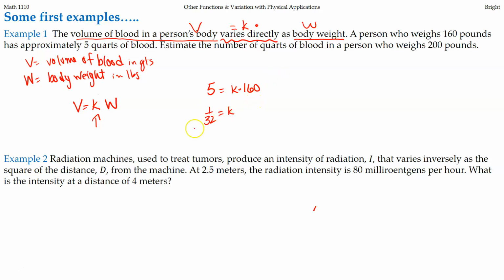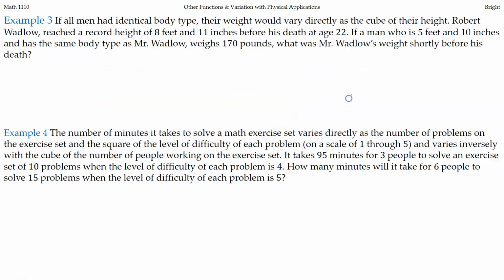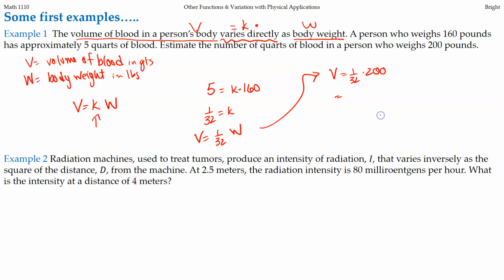Okay, so then this really gives me the equation V is equal to 1 over 32 W. And now that I have the value of the constant of proportionality, what I can then do is use this to estimate the number of quarts of blood in a person who weighs that. So 1 over 32 times 200, and that ends up being 6.25 quarts.